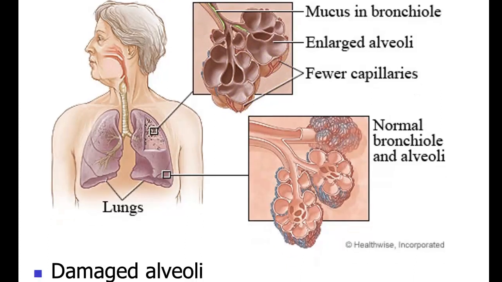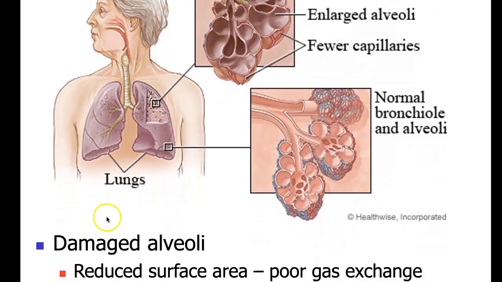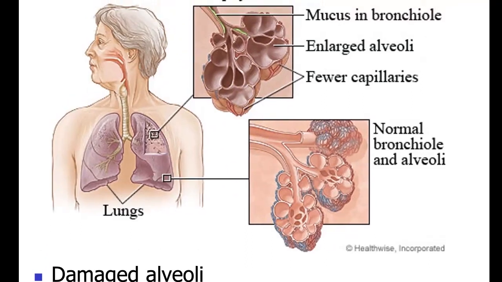So essentially emphysema, mostly due to smoking, is going to be damaged alveoli, and you get then reduced surface area, and so therefore poor gas exchange. So this, lots of small alveoli with lots of capillaries surrounding them, that surface area is critically important for transfer of oxygen and carbon dioxide. And so damaging of the alveoli and poor gas exchange is again very dangerous for oxygenation.